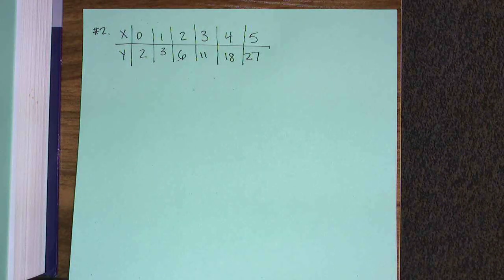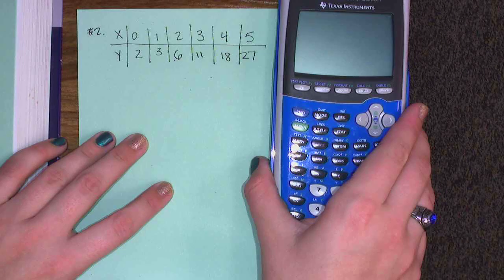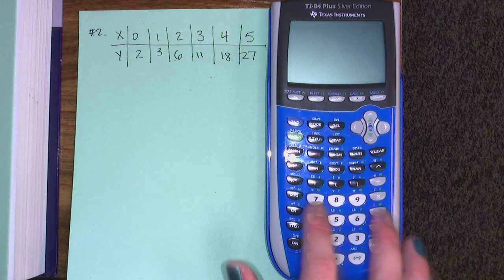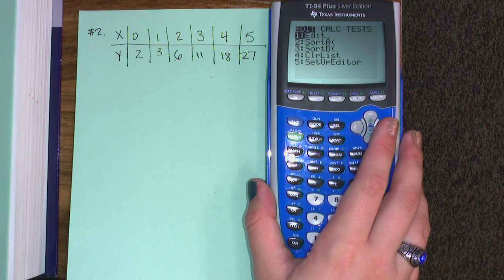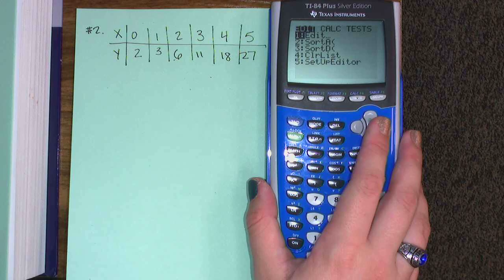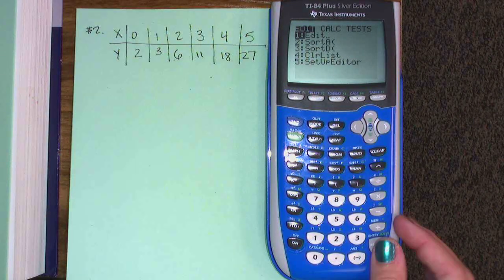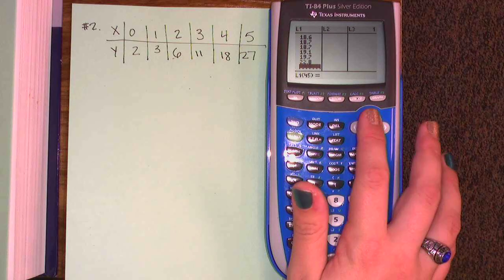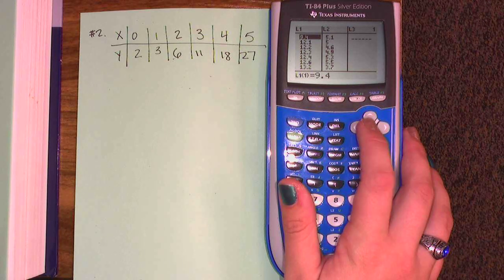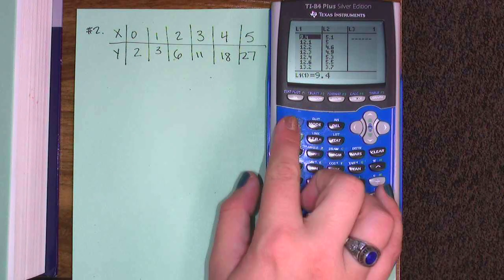Okay, so do you guys remember how to input stuff in lists in your calculator? You hit the stat button, then hit edit, and those of you in stats probably have like 40-some numbers in list 1. You might want to go clear that.